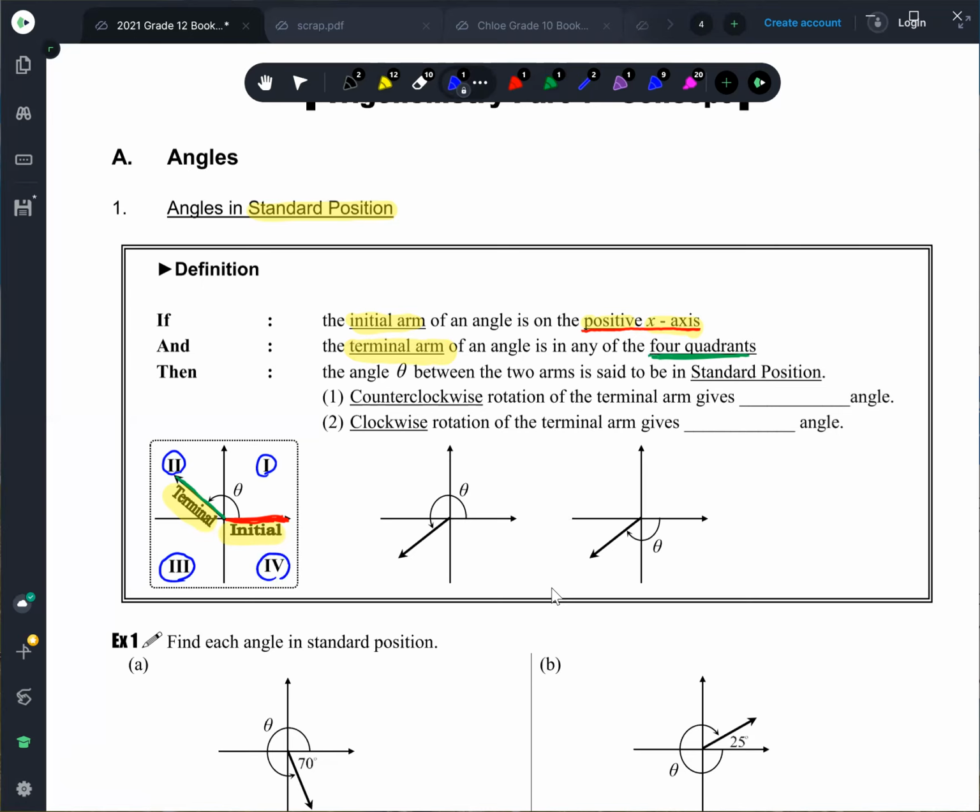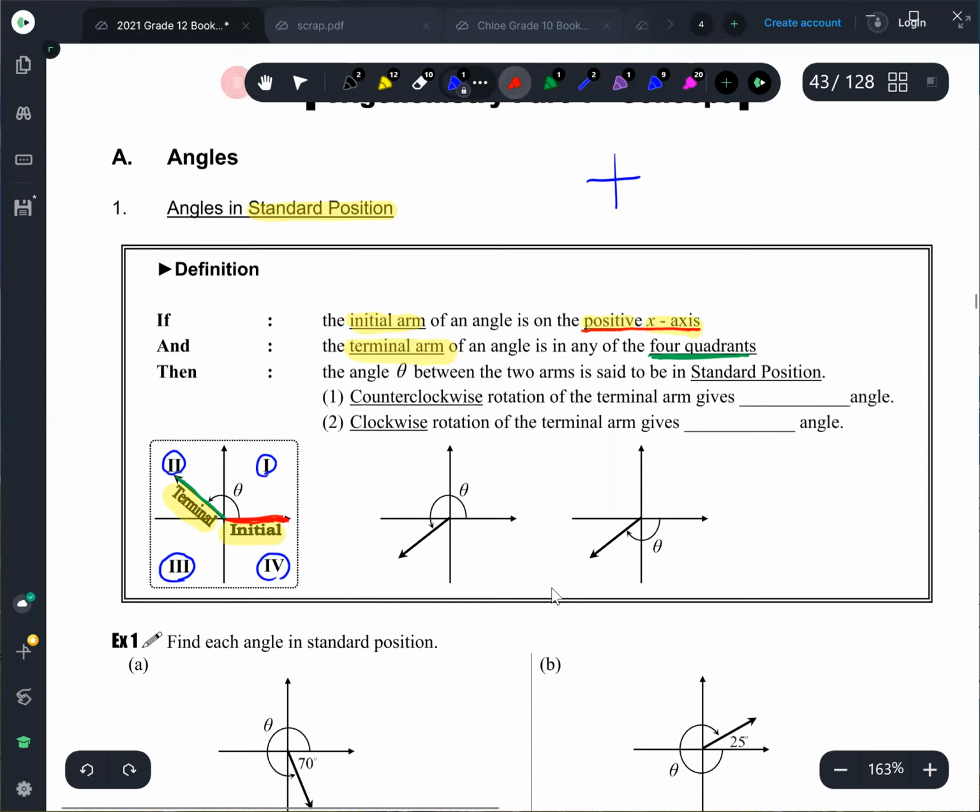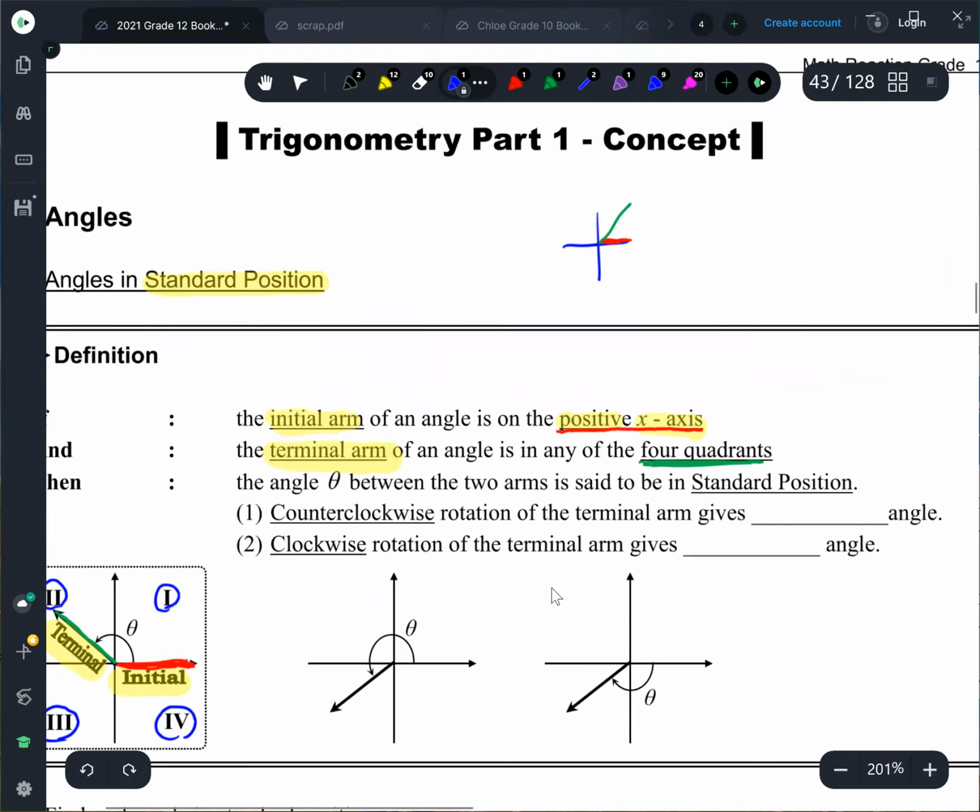Like a clock. So for example, if it's in quadrant 1, it will start from here and then stop there, right? So the angle that's there could be like 40 degrees, right? 40 degrees will be first quadrant.